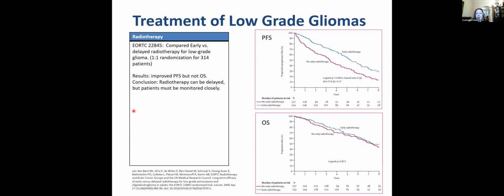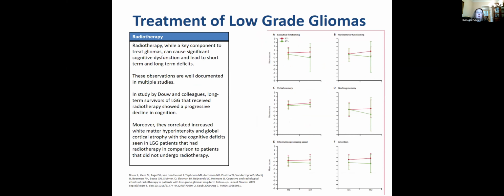And in this, they found that progression-free survival can be improved with radiotherapy, but overall survival didn't seem to be changed. So this sort of brings up the question of when do we give radiotherapy to our patients?